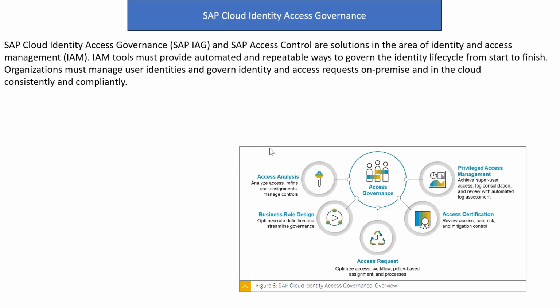So we have such reviews using this access certification, that is, review access, role, risk and mitigation control. This access certification will provide you the functionalities of reviewing the access, role, risk and the mitigation control.